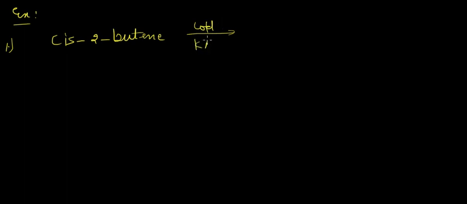So for the examples, you have to identify the major product. You have been given cis-2-butene, and it is passed over cold KMnO4. So what would be the output of this? The output would be simply two OH groups on the same side, and the CH3 groups would be here.